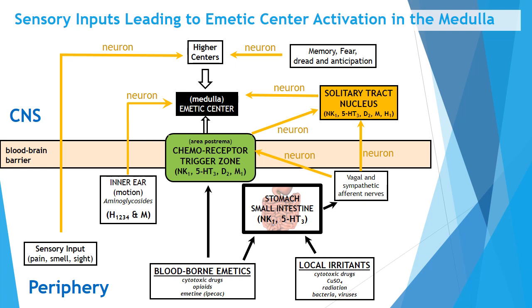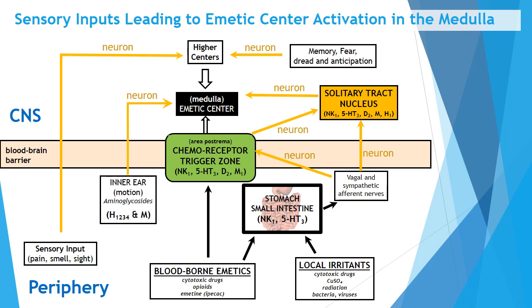Some of these locations communicate with each other. For instance, in the GI tract the neurons will travel, like the vagal and sympathetic afferent nerves will travel up, and some of those will innervate the CTZ, some of those will innervate the solitary tract nucleus in the brain. And ultimately, all this comes together and converges on the emetic center in the medulla.